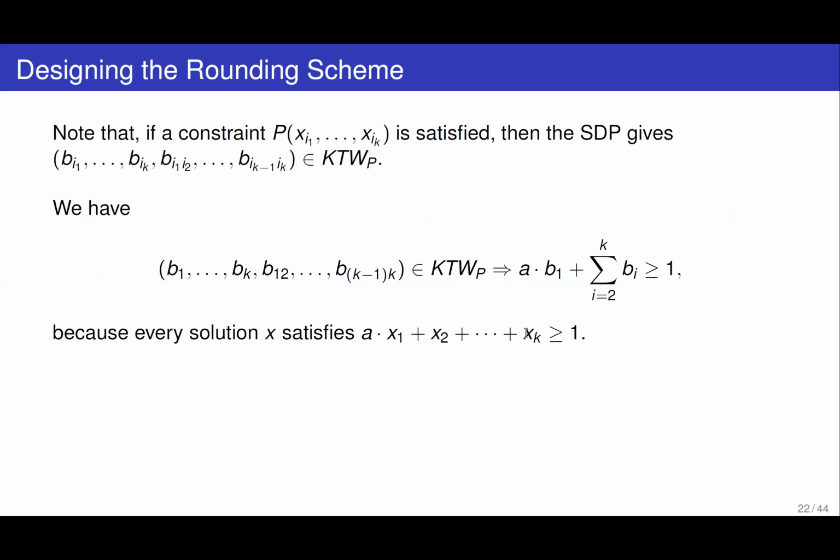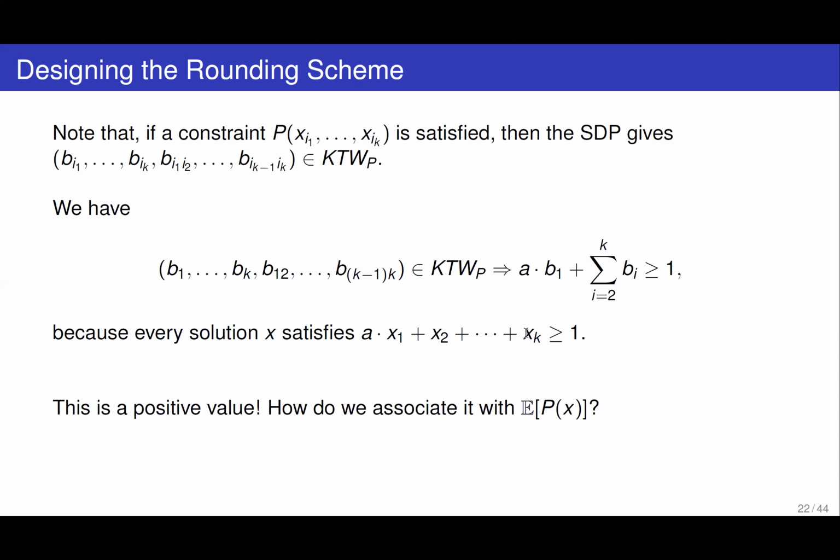And this implies that A times b_1 plus b_2 plus ... plus b_k is greater than or equal to 1. This is because every solution x satisfies A times x_1 plus x_2 plus ... plus x_k is greater than or equal to 1. Recall that we have assumed that A is a natural number. And this linear sum is a positive value.